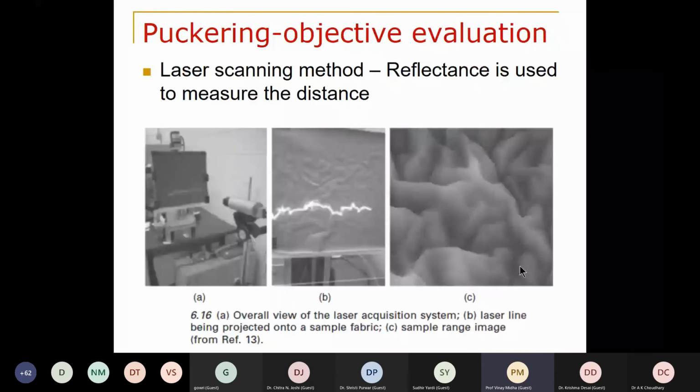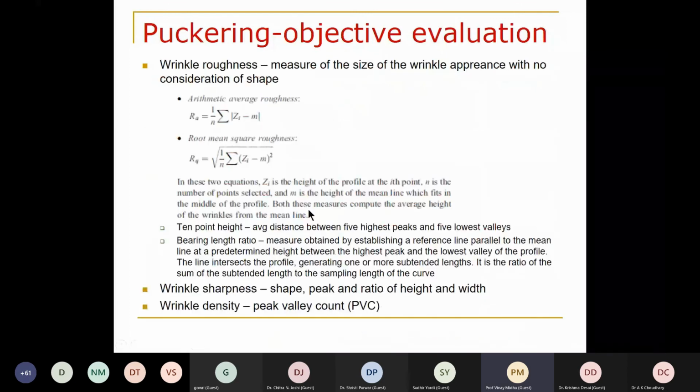Then another objective evaluation method is the laser scanning method. In this case, the laser beam is guided onto the fabric surface and the reflectance is used as a measure of the wrinkles which appear at different distances. So in this case, you can see this is the appearance on the fabric, like this profile. From this, we have different parameters which can be calculated.